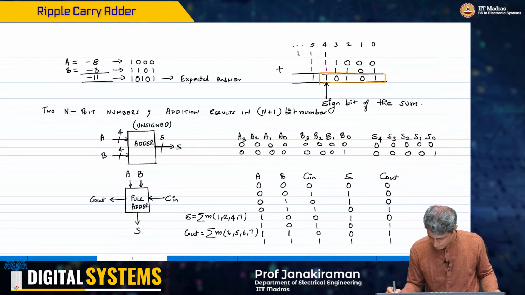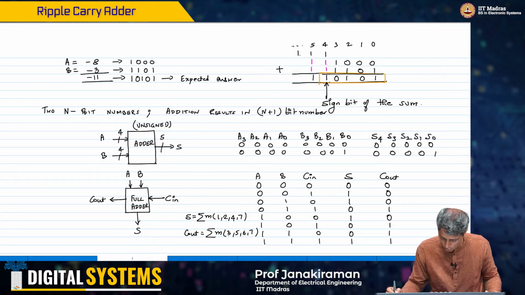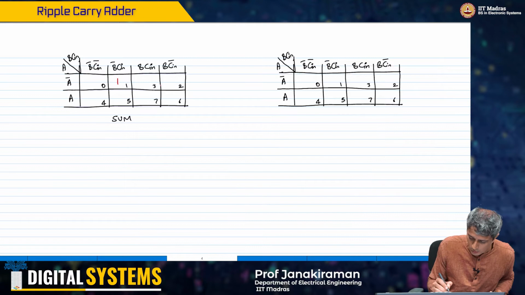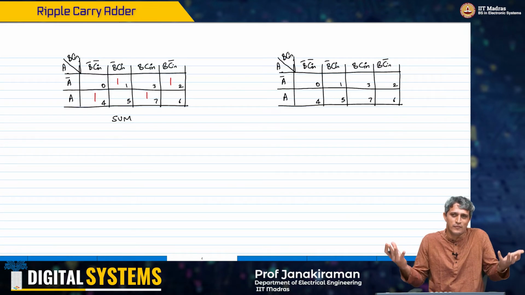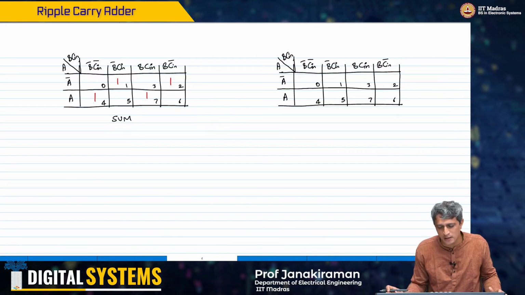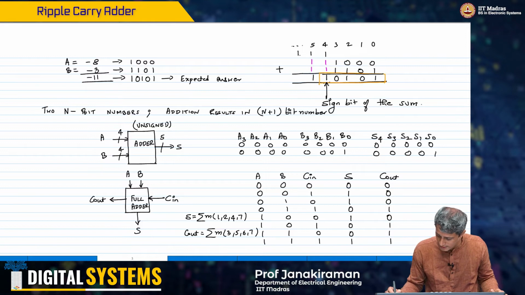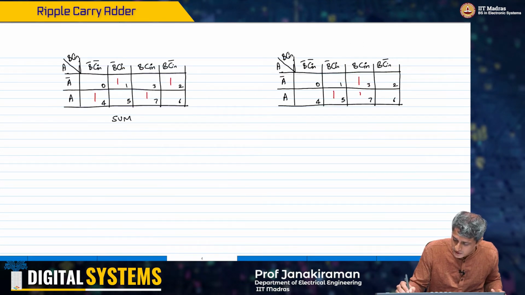So the sum is going to be 1 2 4 7, and there is not much of a pattern here or a Boolean simplification that you can do. Likewise, let's look at C out: 3, 5, 6, 7.